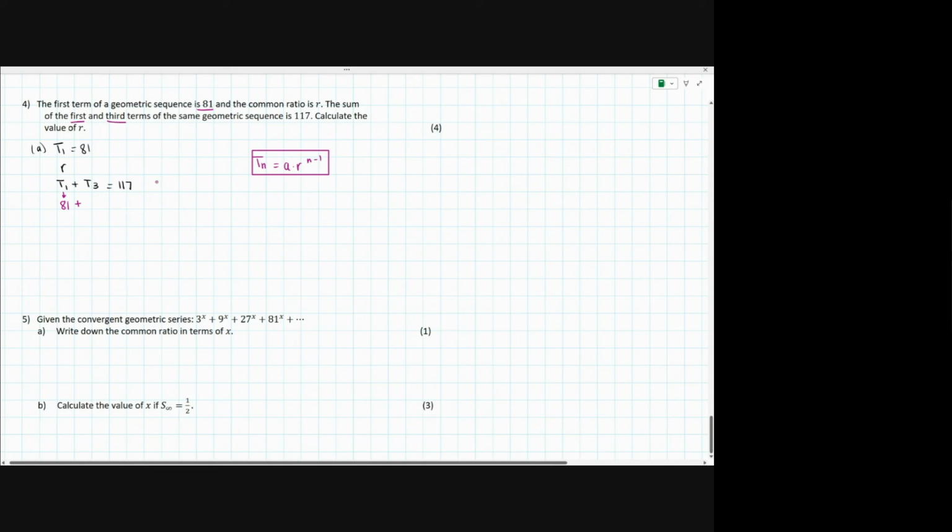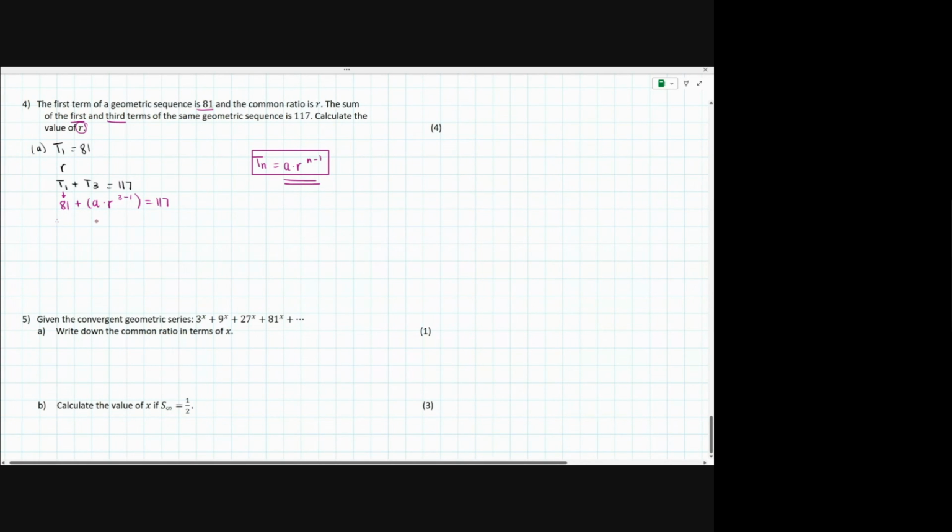I don't know what term 3 is, but I could use my general equation here, because remember the question says solve for r. So somewhere in my equation, I'm going to have r. So a times r to the power 3 minus 1 is equal to 117. And I've set up an equation in terms of r that I can now solve.